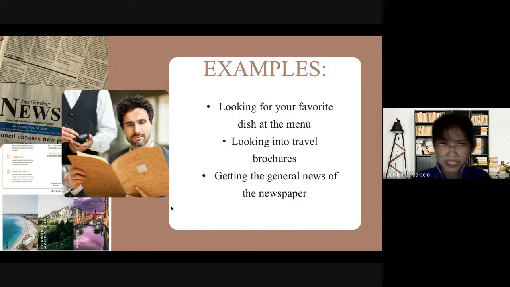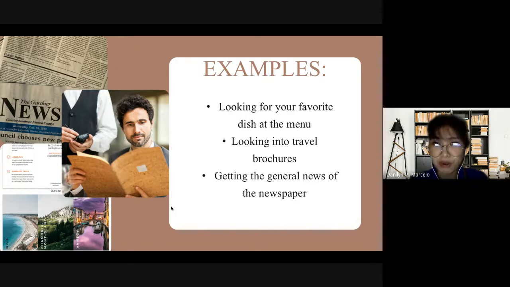So that is skimming. You are only reading the important parts. And in that situation, the important part of the menu is your favorite dish. So that's skimming. The second example is looking through travel brochures.